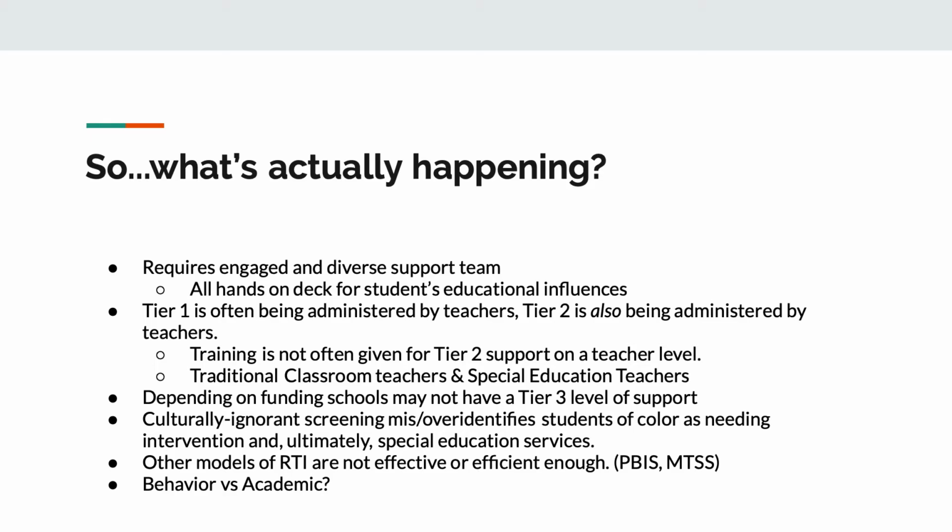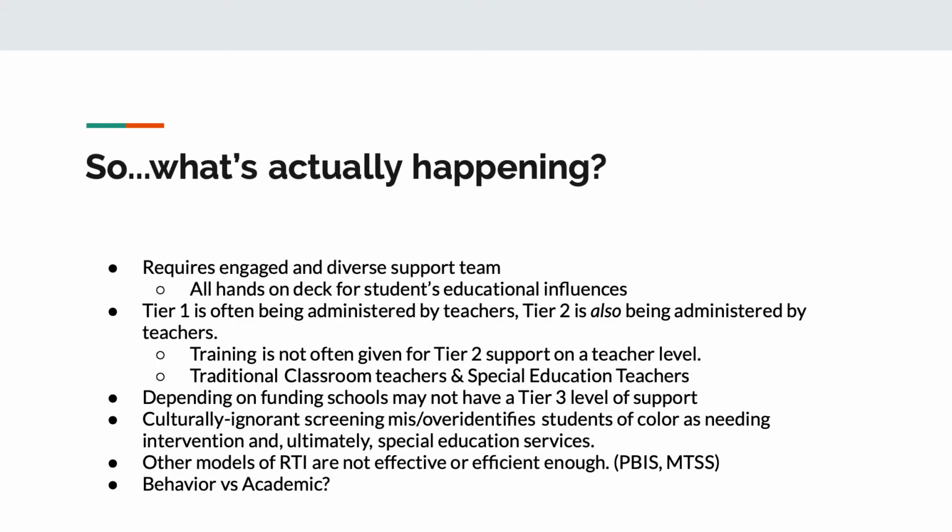Many schools, depending on their funding, don't even have a Tier 3 level of support. So for those 5% of students that actually need this, they're not getting it in their school setting, which means they typically have to go somewhere else, which is also very hard on a student's social development.